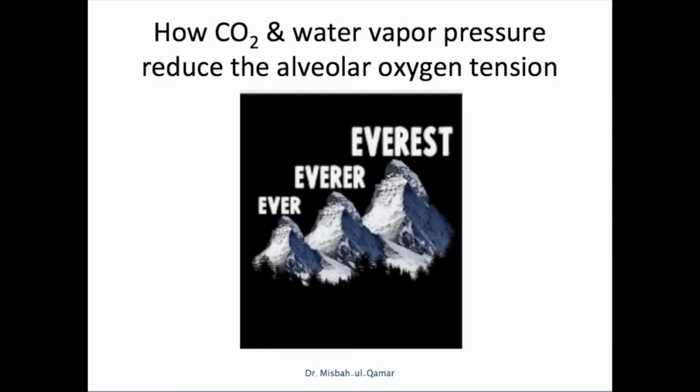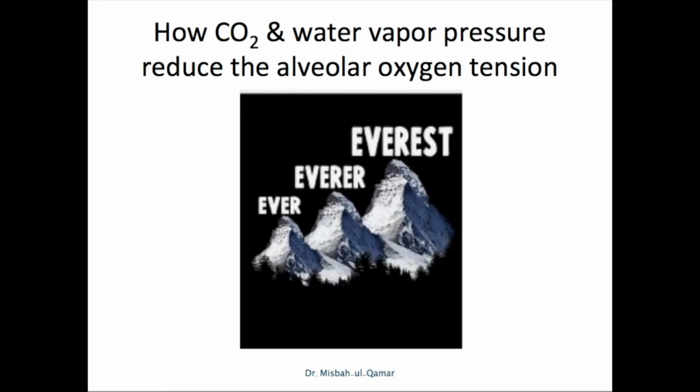Now, out of this 253, 47 millimeter mercury must be water vapor, right? Leaving 206 millimeter of mercury for other gases. And then in an acclimatized person, 7 millimeter mercury of this 206 millimeter mercury must be carbon dioxide, leaving only 199 millimeter mercury.